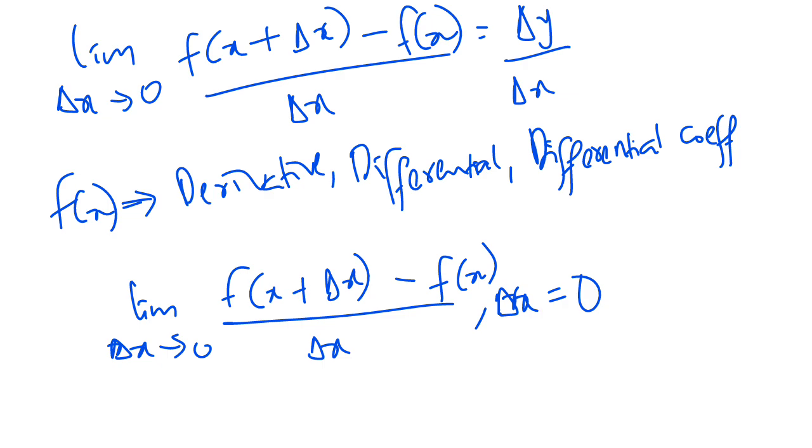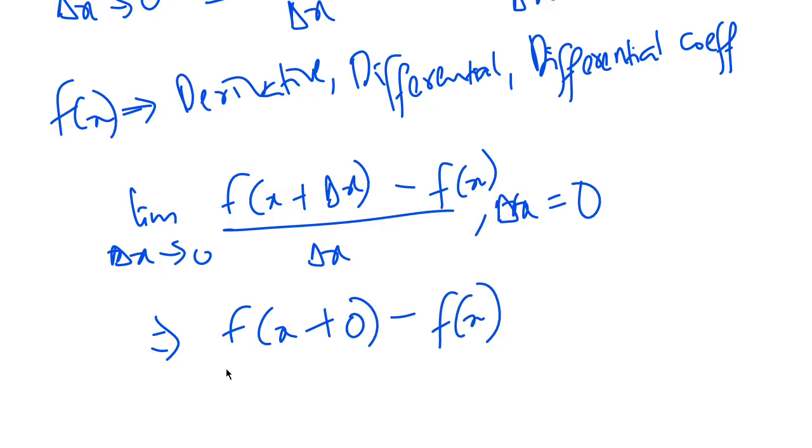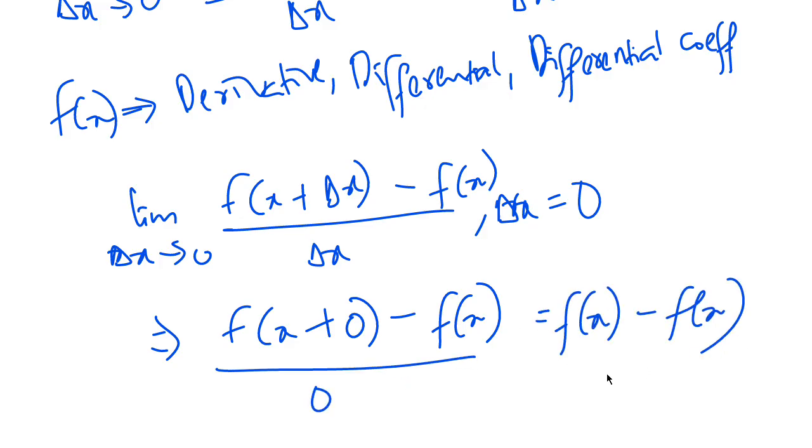If we simplify this limit, we'll have f of x plus 0, minus f of x, over 0. That's f of x minus f of x over 0, which leads us to 0 over 0. So that's an indeterminate form.